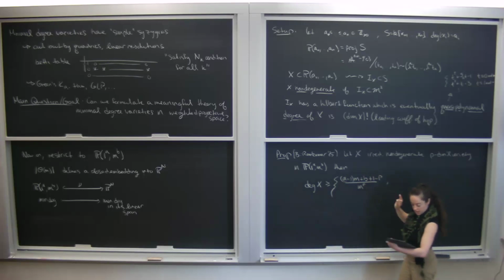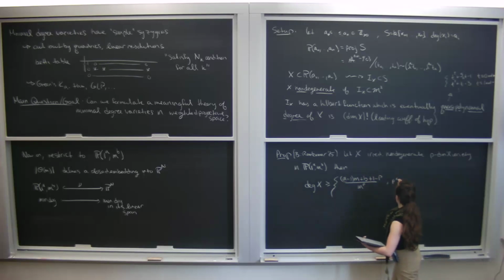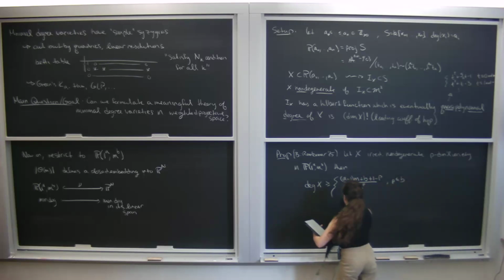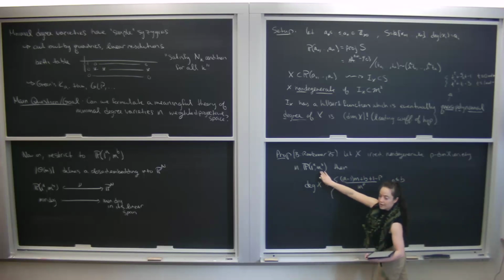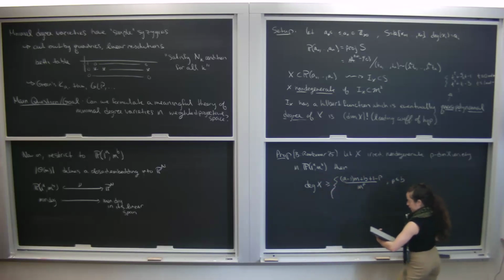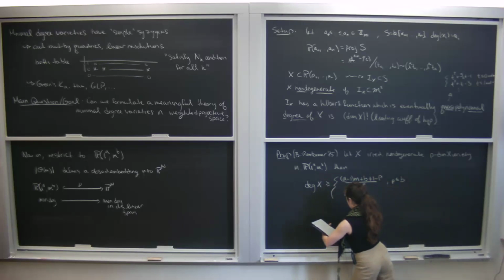It looks very opaque at the moment. When the dimension is relatively small, and the dimension gets big relative to how much of this is weighted in something other than 1, our minimal degree bound changes.